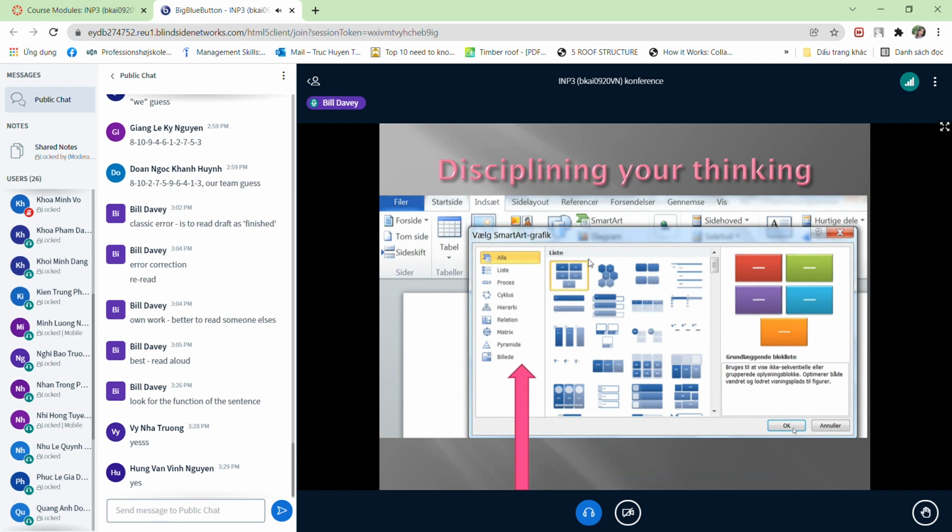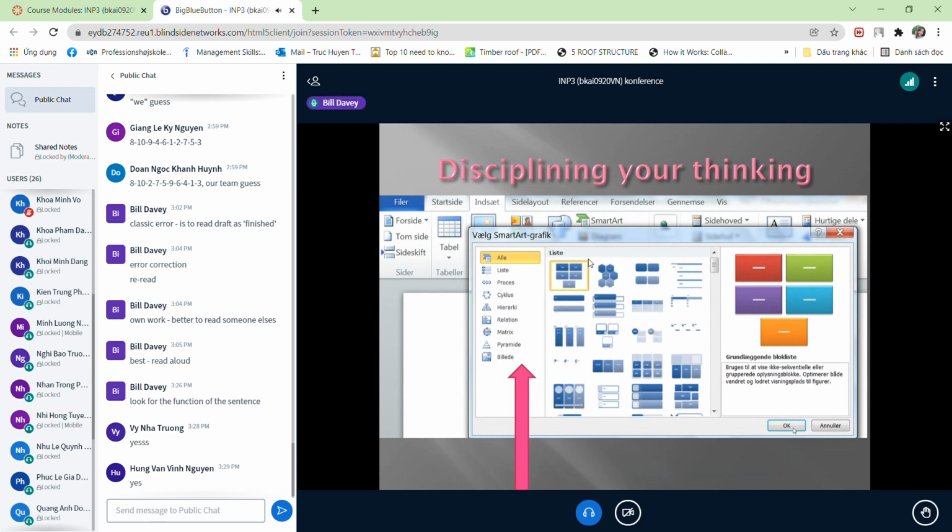So starting at the top, you can make things into a list. You can illustrate a process. You can think to yourself, is this process some sort of cycle? Do I go round from 1 to 2 to 3 to 4, but come back to number 1 again?